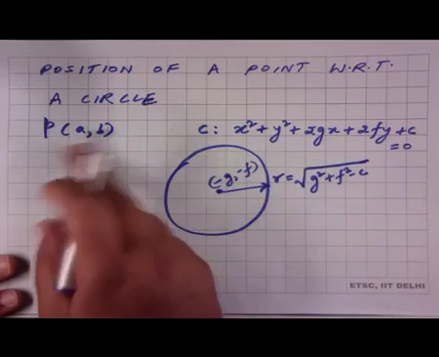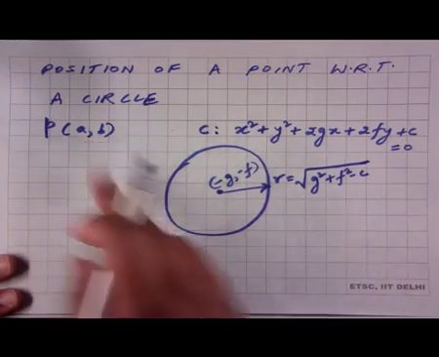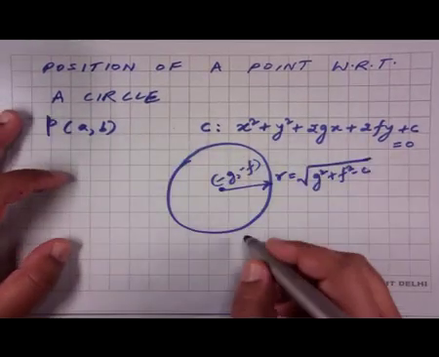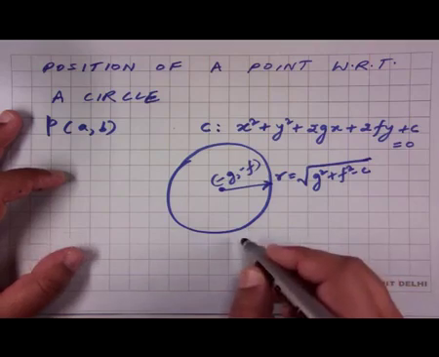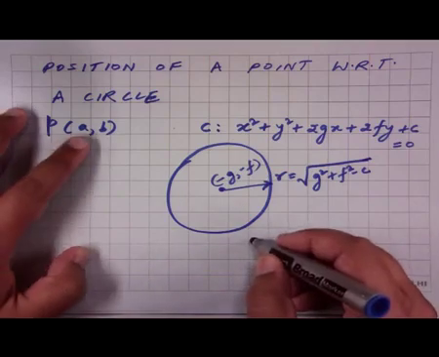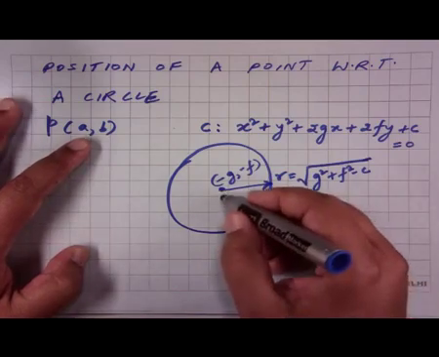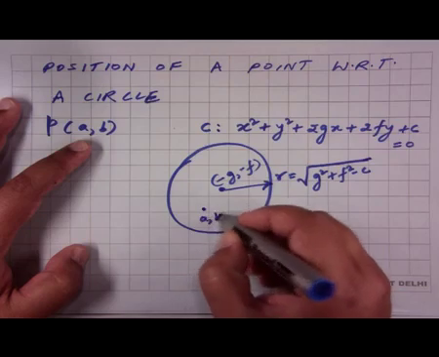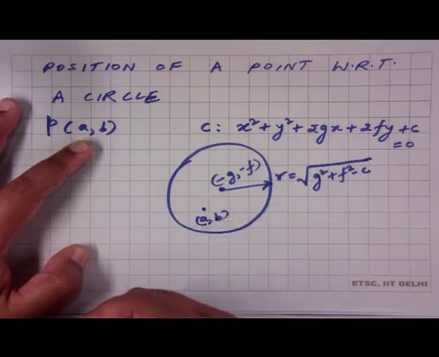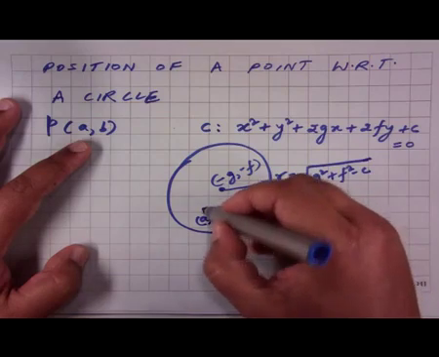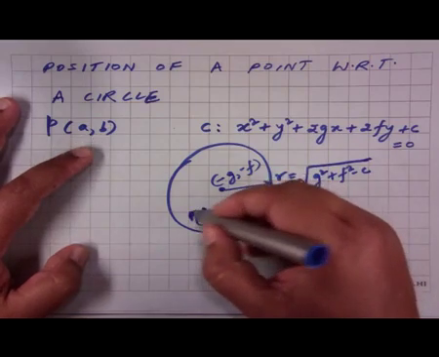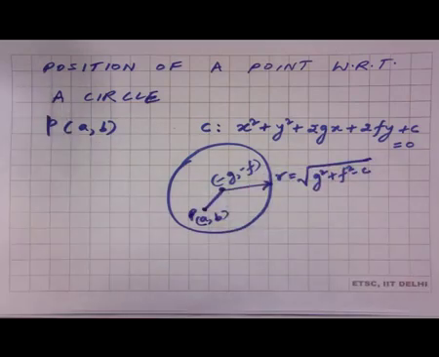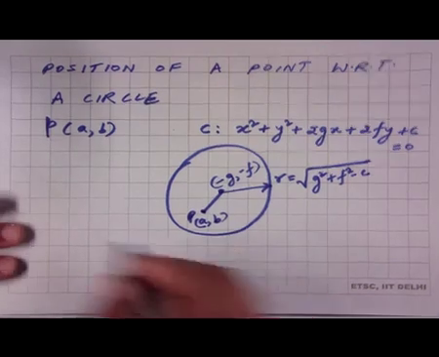Now, if this point a comma b is somewhere on this plane, inside this circle, let us say here, then it is clear that the distance between this point P and the center will be less than the radius r.